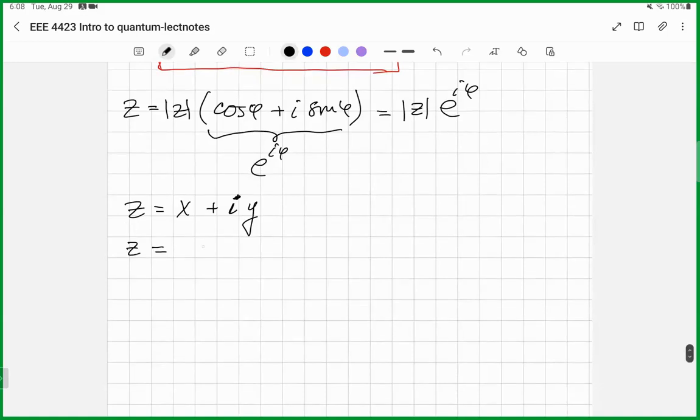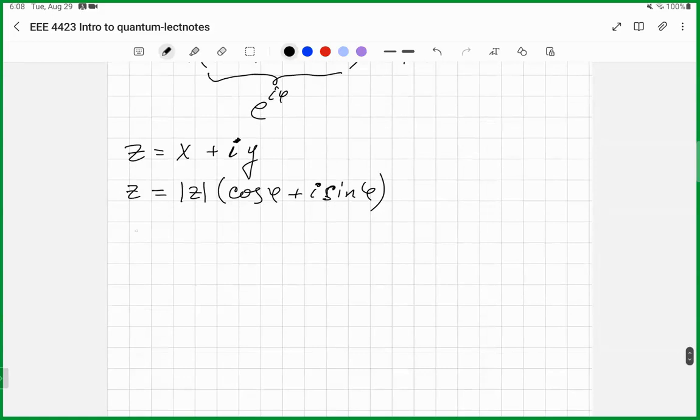Then the second one was modulus z times cosine phi plus i sine phi. So this is the sine cosine representation. And finally, we have another one, modulus times e to the power of i phi. So this is the exponential form of a complex number.